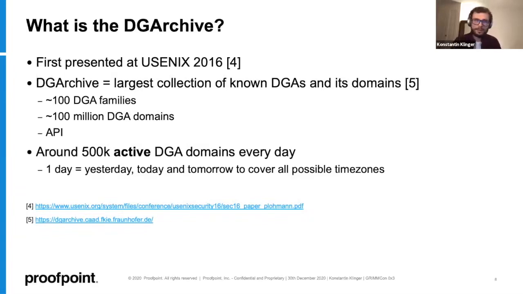Next background topic. So what is the DGA archive? The Fraunhofer DGA archive is the largest collection of known DGAs and their domains. It stores the DGA algorithm and then calculates all of its domains.